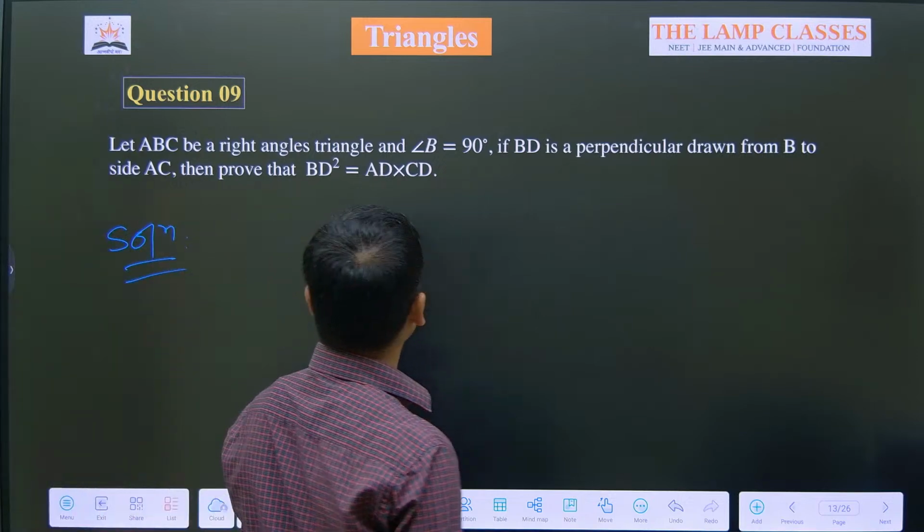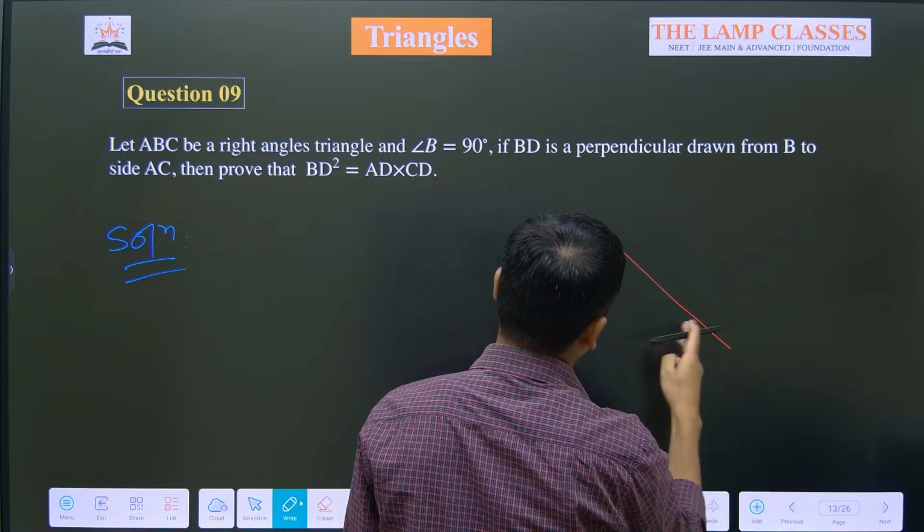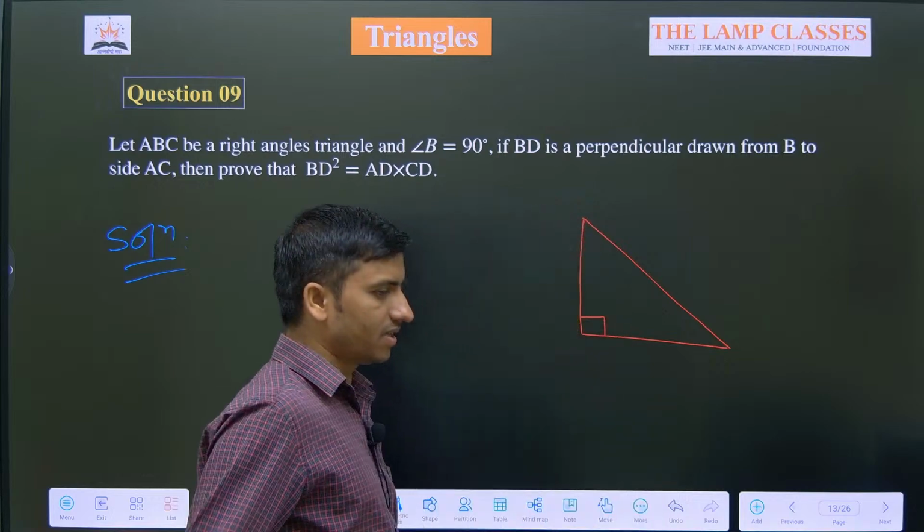I think we should start with the diagram first. It can even be a 3-mark question.